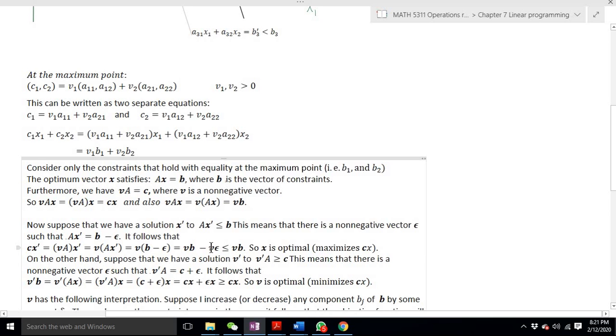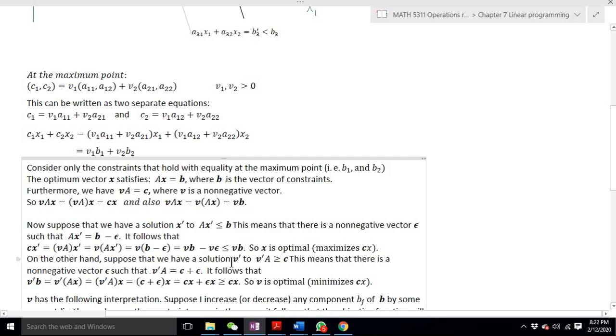Now, since v is positive and epsilon is positive, this inner product here, this multiplication of row vector v times column vector epsilon, is positive. So I've reduced vb by taking x prime instead of x. That means x is optimal. It maximizes cx for all x's that satisfy this inequality.